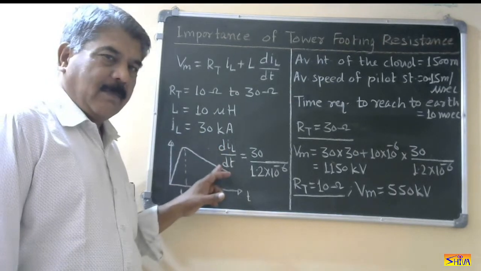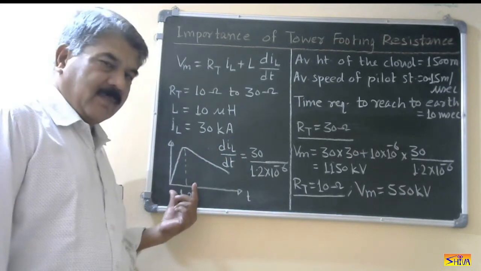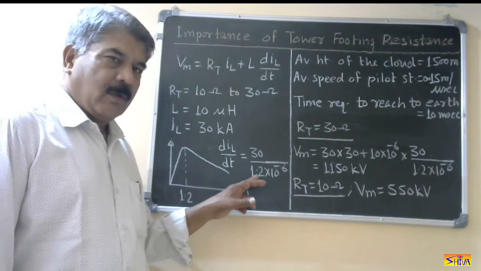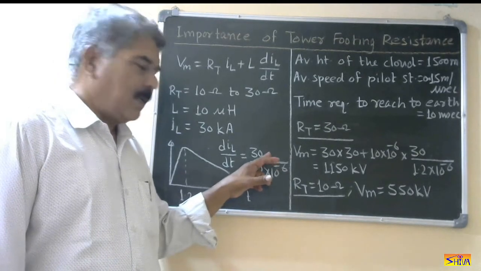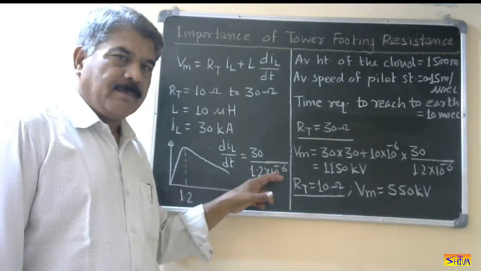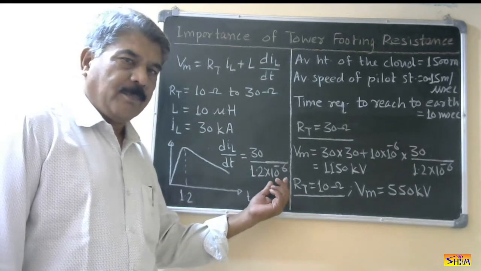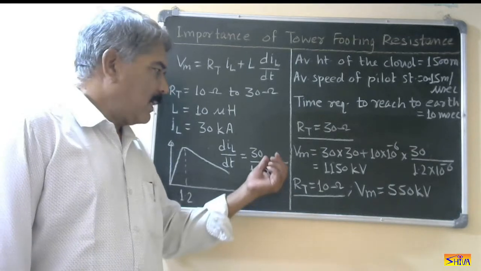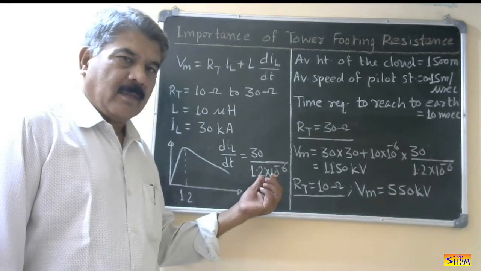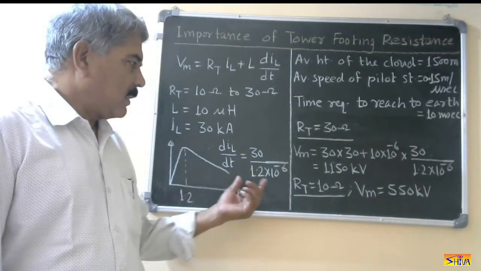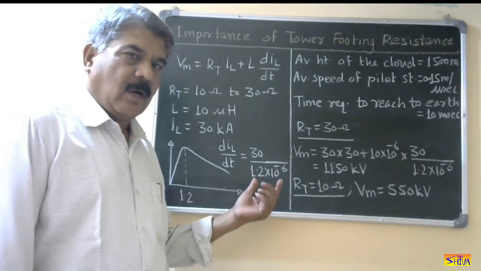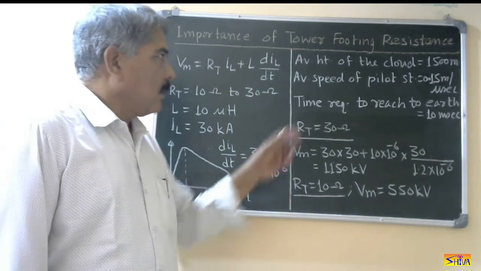So dIL by dt will be 30 and this time, so 30 divided by 1.2 into 10 to the power minus 6. So this will be kiloamperes per microsecond. If we remove this 10 to the power minus 6, then it will be 25 kiloamperes per microsecond. So this is the rate of rise of stroke current.